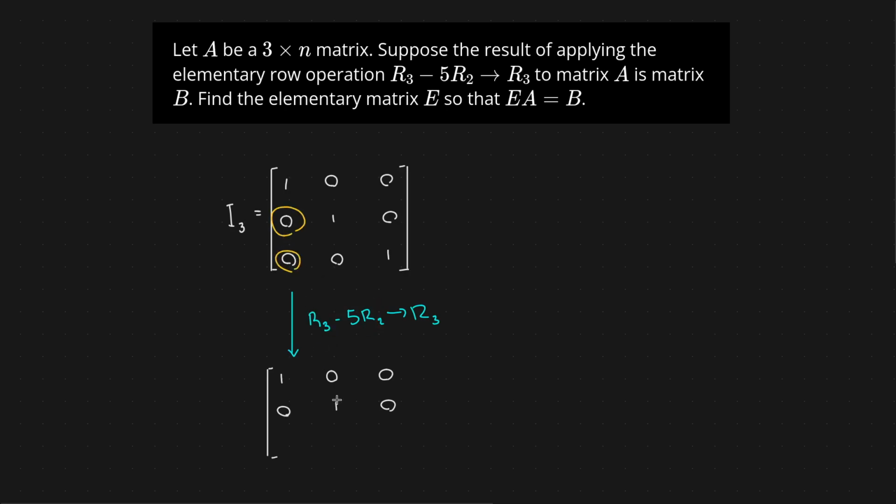So 0 minus 5 times 0 is 0. 0 minus 5 times 1 is negative 5. And then 1 minus 5 times 0 is 1. And so this is our elementary matrix. And so we could apply this elementary row operation to any matrix with 3 rows by just left multiplying that matrix by our elementary matrix E.